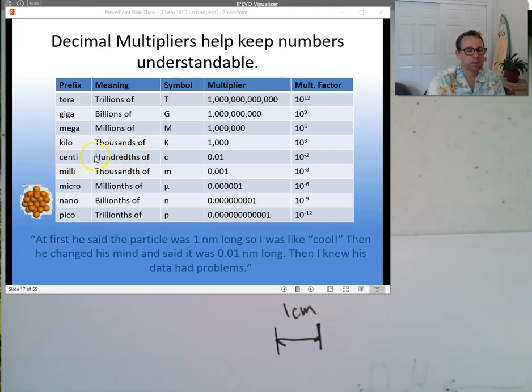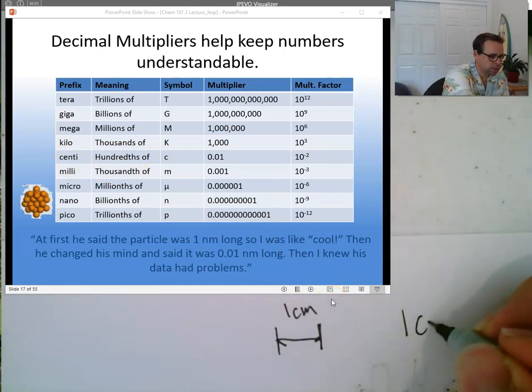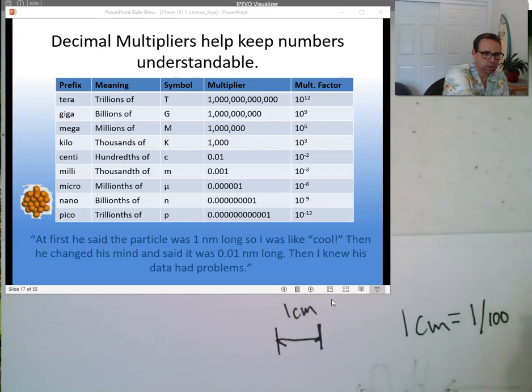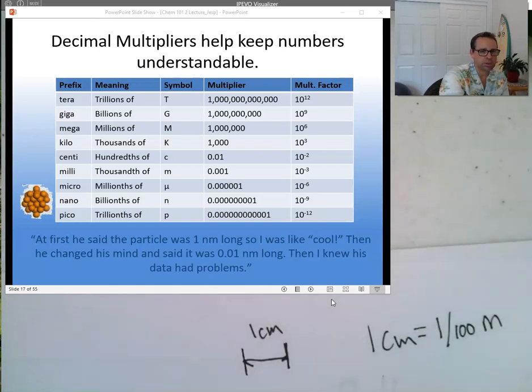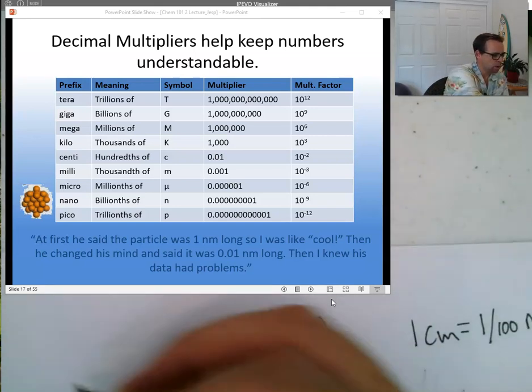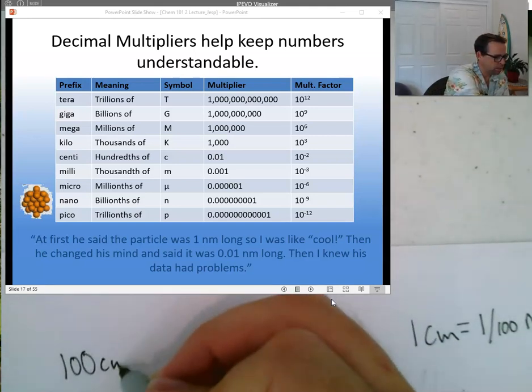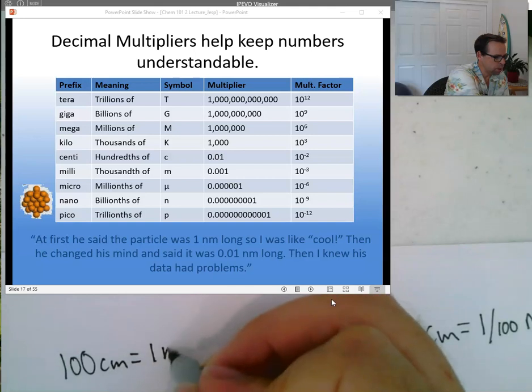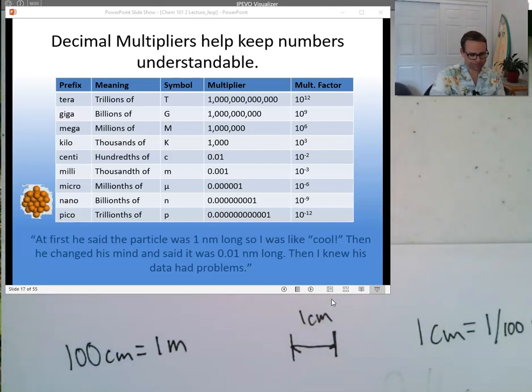Centa means hundredths. So 1 centimeter is 1/100th of a meter. 1 centimeter is 1 over 100 meters. Or another way to say that, you could say there are 100 centimeters is equal to 1 meter.